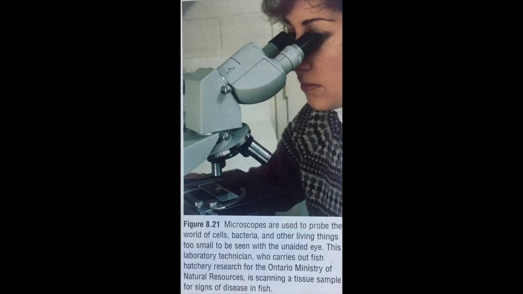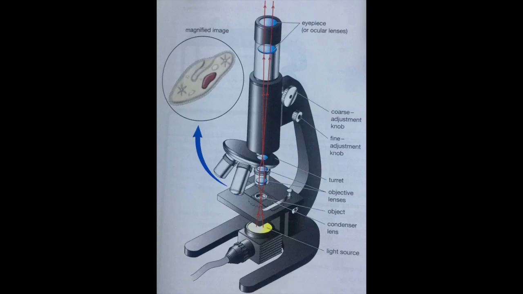Like telescopes, compound microscopes have an object lens that forms a real image of the object and an eyepiece lens that magnifies the image further. As you also learned in Chapter 1, compound microscopes use more than one lens in the objective and eyepiece to improve the sharpness of the image.